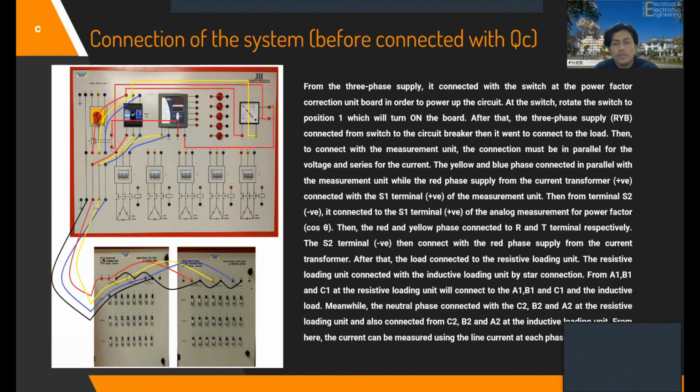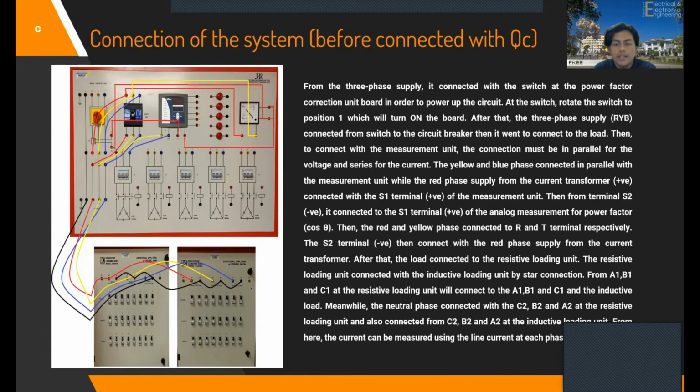The yellow and the blue phase are connected in parallel with the measurement unit, while the red phase supply from the current transformer here, which is the positive terminal, is connected with the measurement unit here, which is the S1 terminal. Then from terminal S2, which is the negative terminal here at the measurement unit, it is connected to the S1 terminal of the analog measurement for the power factor.